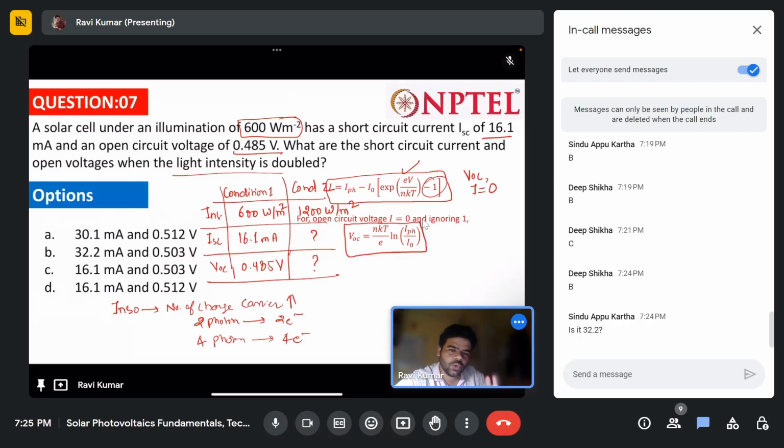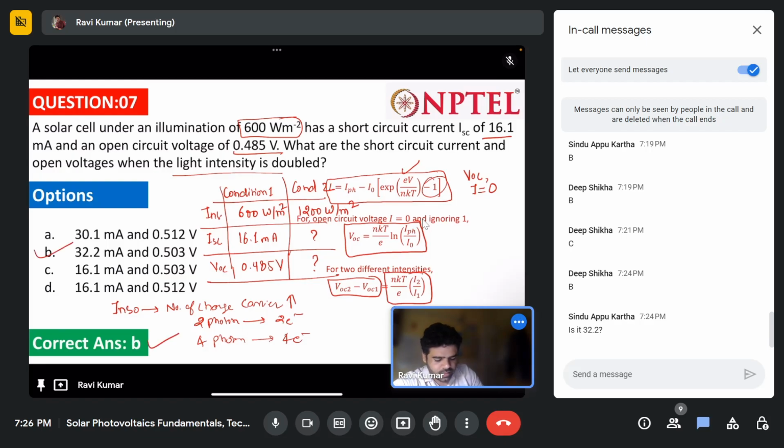We are given VOC2 and IPH2 conditions. By taking a difference of these two, we will get this equation. By putting the values here, yes, the answer is B. VOC2 will be equal to VOC1, which is 0.485 volt, plus nKT by e times ln of 2, since it will be double.